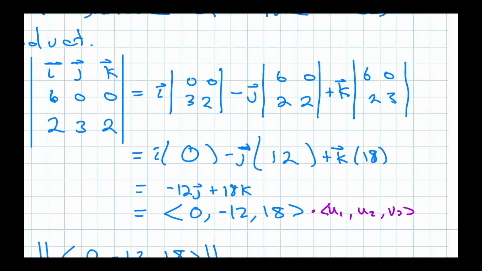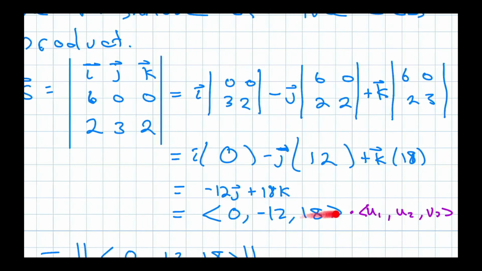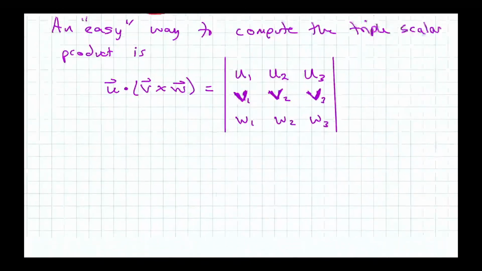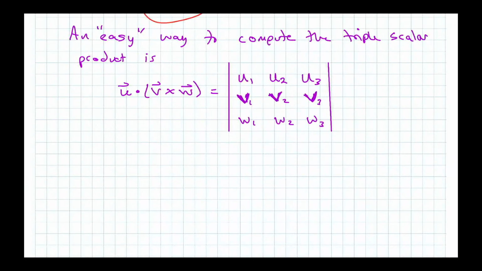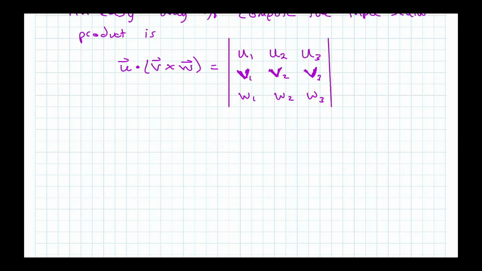But if you come back up here, you just replace this I with U1, the J with U2, and the K with U3, and that's actually going to be the same thing as your dot product. So rather than waiting until the end, you can just replace these with U1, U2, U3, and it just magically works out. Okay, so that's how you can compute the triple scalar product in a relatively simple way.